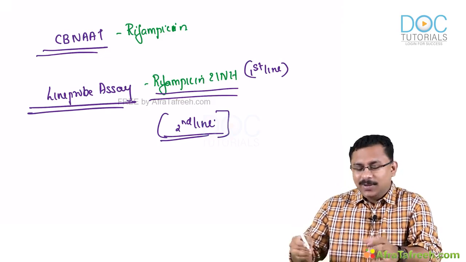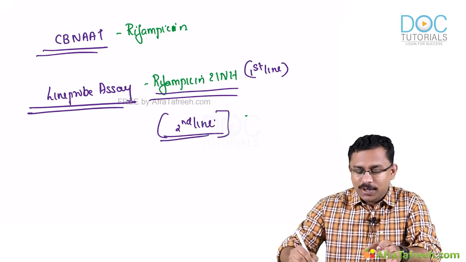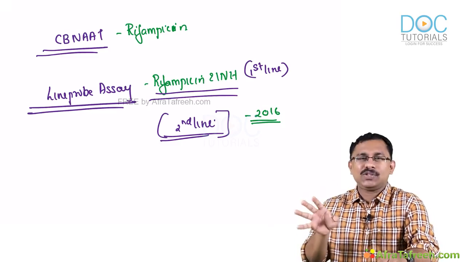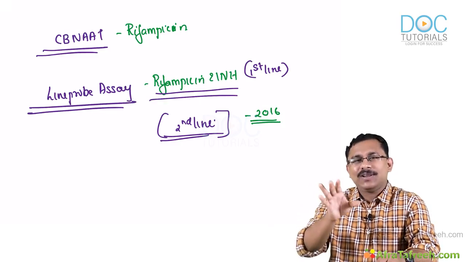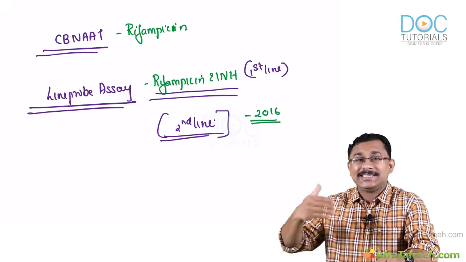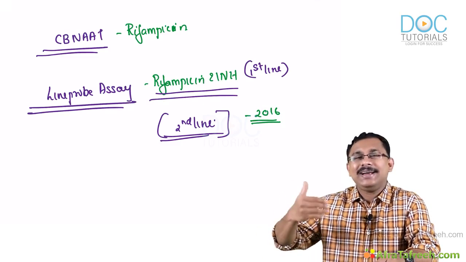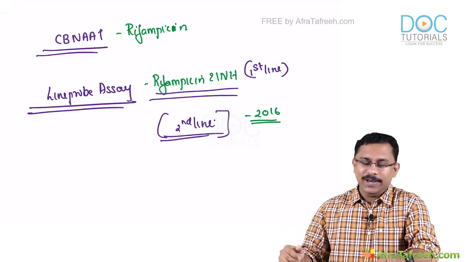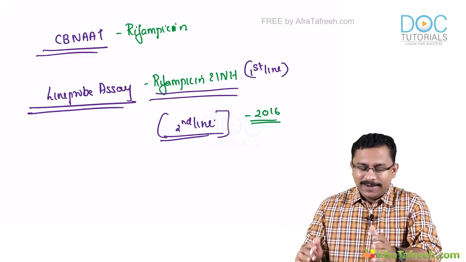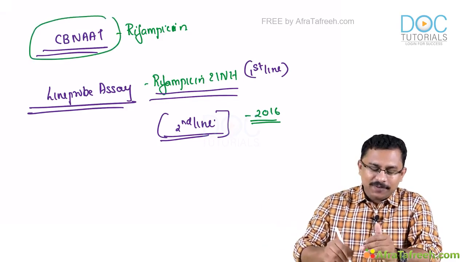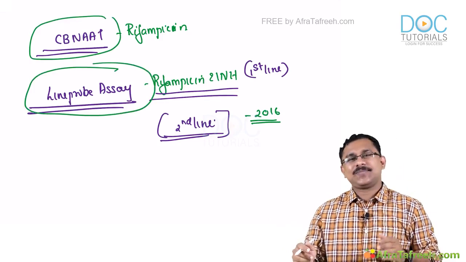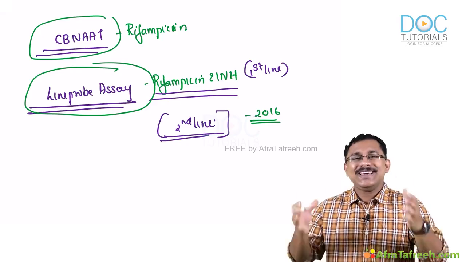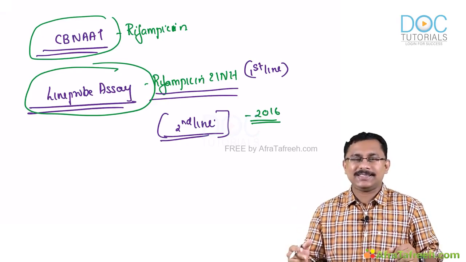That was endorsed by the WHO in 2016. So in 2016 the WHO said, go for the second line probe assays as well, so that you can additionally determine if there is resistance to other agents. So that is the importance of these diagnostic tests. I hope you have understood the importance. Why I am talking about that is because you need to identify drug resistance.